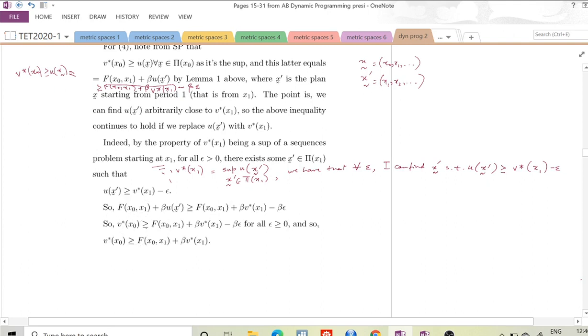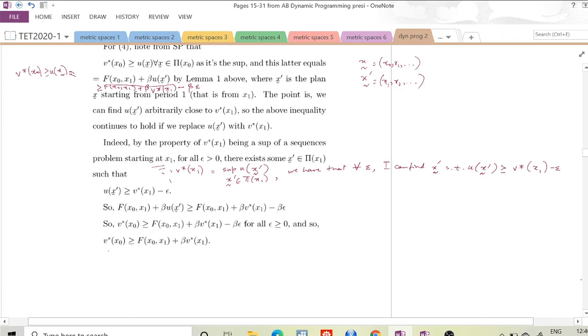So V star of x naught is greater than or equal to f of x naught x1 plus beta V star of x1 minus beta epsilon. And this is true for any epsilon greater than or equal to 0. So this inequality is going to hold. Okay, so that is your inequality 4.